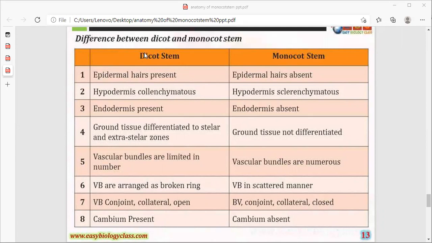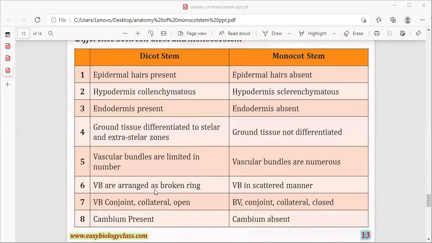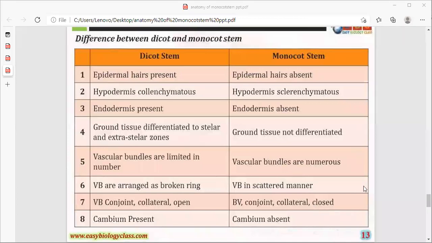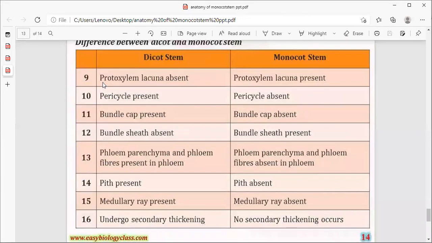We call them open because cambium is present in dicot. In monocot, cambium is absent, so the vascular bundles are closed. Next, in dicot, protoxylem lacuna is absent, while in monocot, protoxylem lacuna is present.